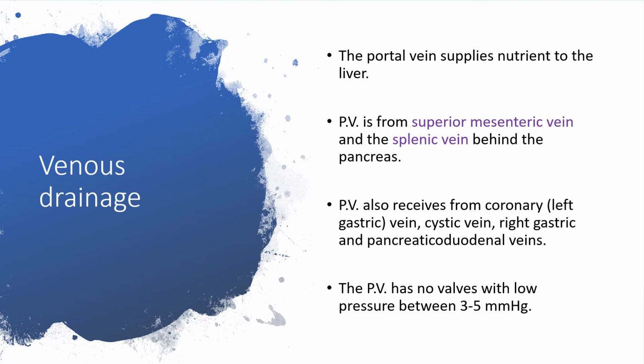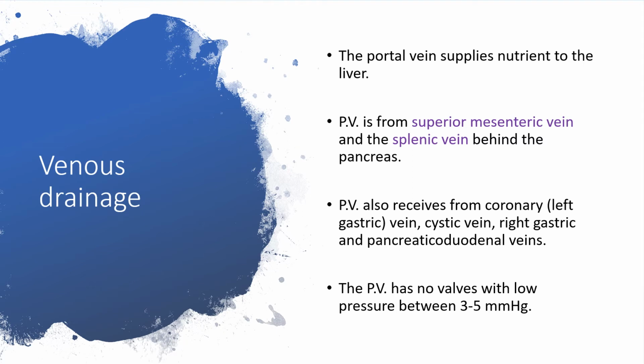The venous drainage. The portal vein supplies nutrients to the liver. Remember, in the last 3 slides I've just mentioned that about 70% of blood supply to the liver is from the portal vein. Now, the portal vein itself is formed from both the superior mesenteric vein and the splenic vein found behind the pancreas.